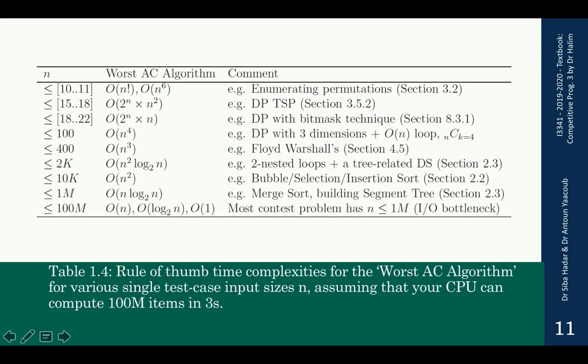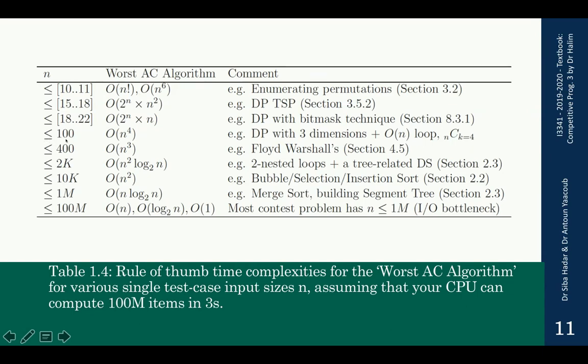And here is a table showing a rule of thumb for time complexities of the worst acceptable algorithm for various single test case input sizes n. You have the input sizes, whenever n is less than 100, 400, 2000, etc., and you see whether your algorithm is the worst acceptable one.